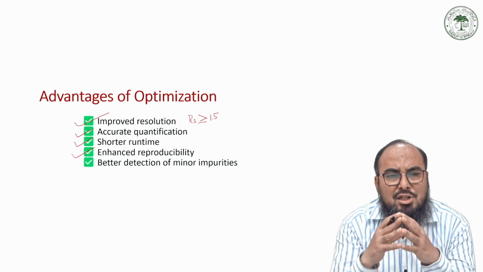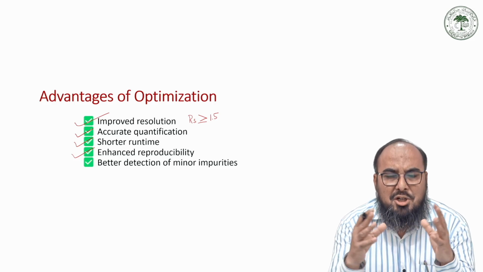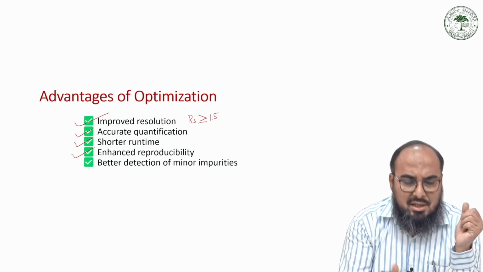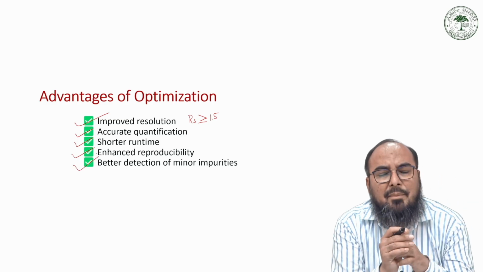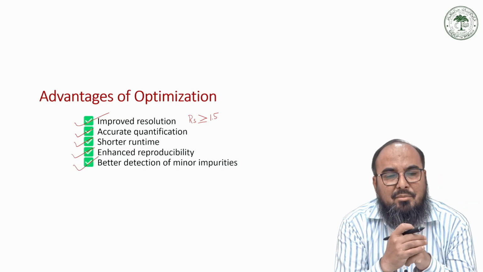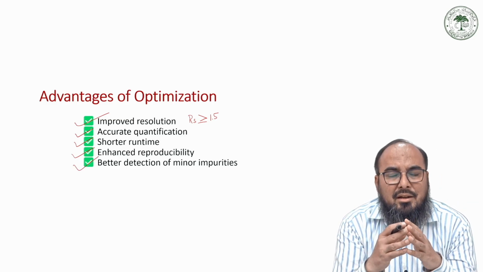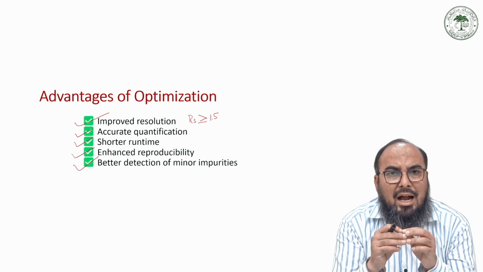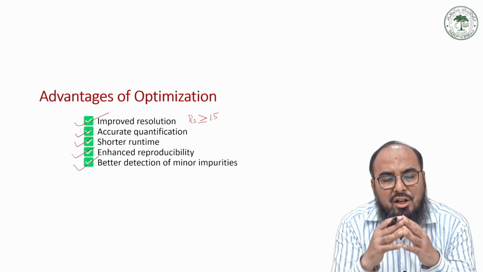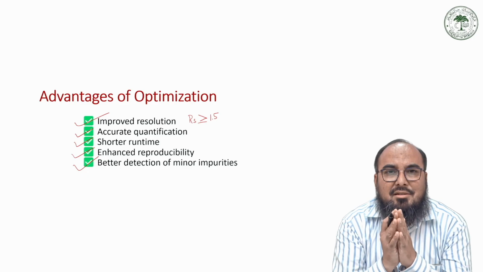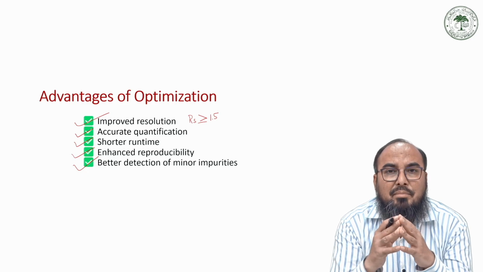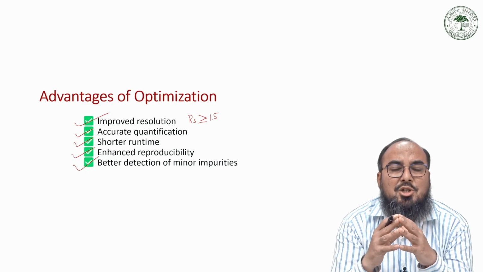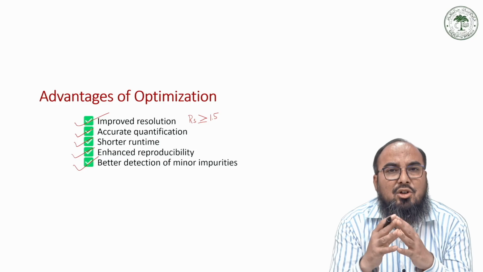And if your resolution is good, if your peak separation is better and you have sharp peaks, then you can always detect the presence of any impurity, because the moment an impurity comes, it will give you unresolved, superimposed peaks. So you have to look for the peaks of impurities with regard to optimization of your column.